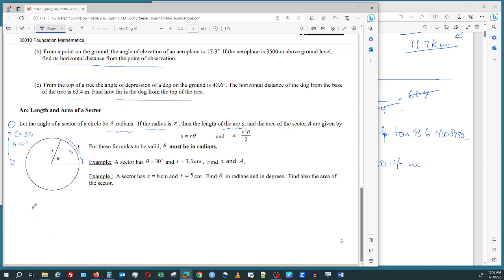We can write the circumference of a circle as 2 pi r, and the angle subtended by the length S is in the same proportion. Now that's a very mathsy way to put it.